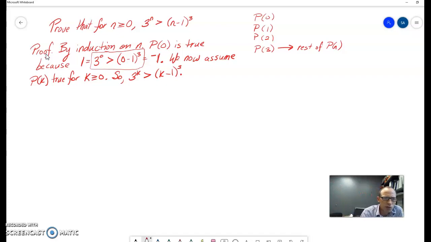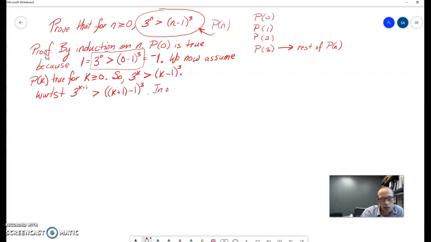So what are we trying to show? What's our finish line? This is our P of n statement right here, and I could have written that out just for clarity. So we want to show that 3 to the k plus 1 is greater than k plus 1 minus 1 cubed.